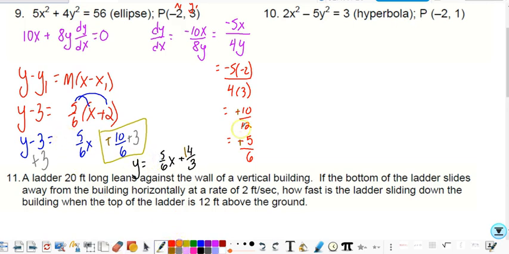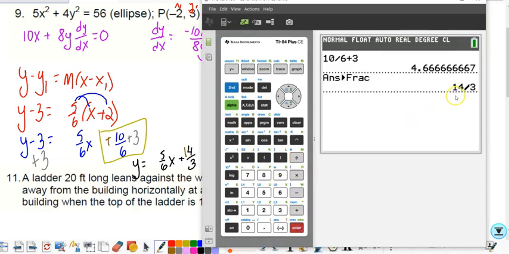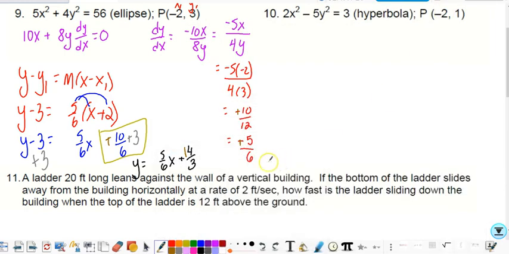Whoops. Okay, so to recap, negative times negative is a positive. That was my mistake. So I got a positive 5/6 slope. 5/6 times 2 is a positive 10/6. So when I add 3, there's the 14/3 for a y-intercept.